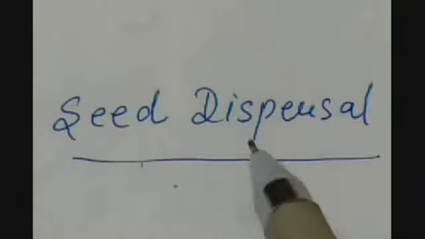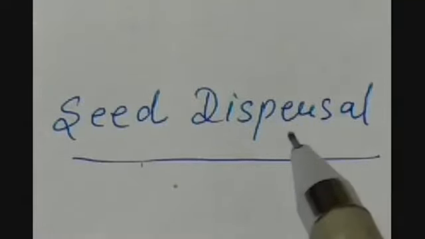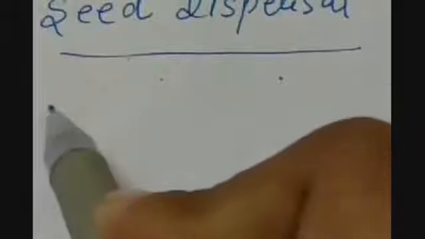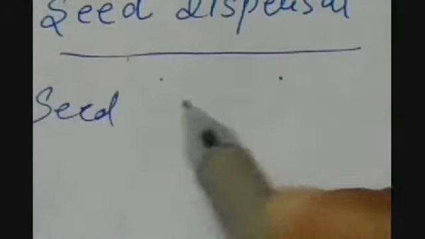Now, seed dispersal can be done with the help of wind, water, animals or humans. Now, we have a term called seed germination.